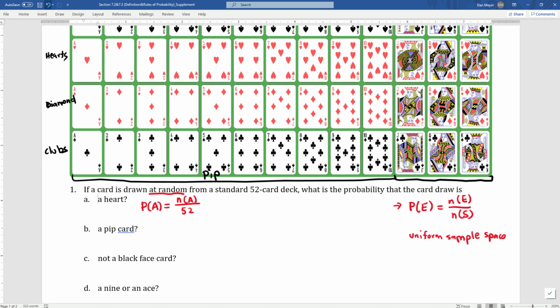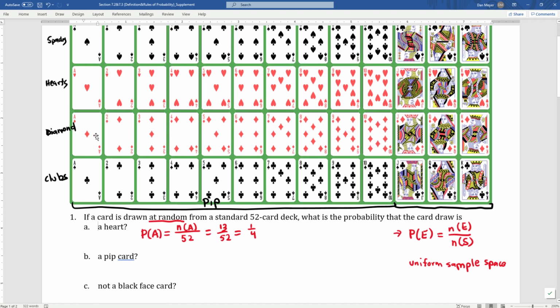The number of hearts: there are 1, 2, 3, 4, 5, 6, 7, 8, 9, 10, 11, 12, 13 hearts. So 13 divided by 52. Or if you wanted to reduce that fraction, that would be 1/4. What's the probability that we pick a pip card?